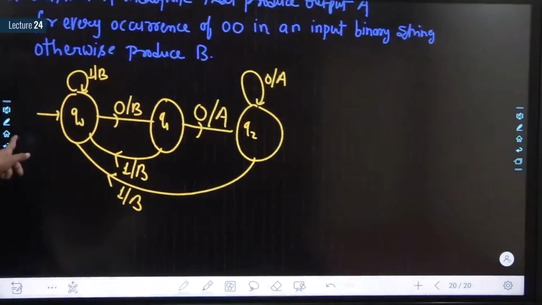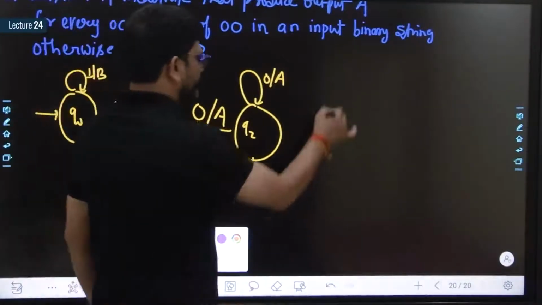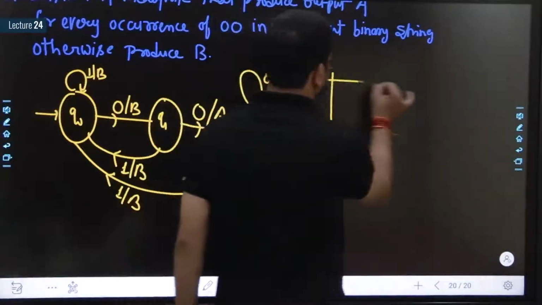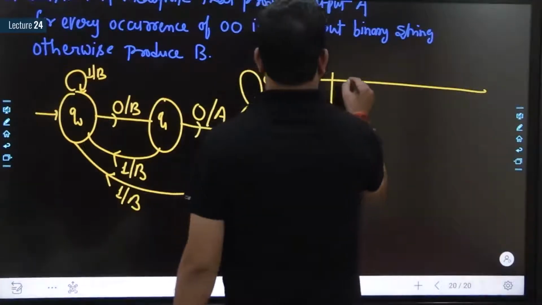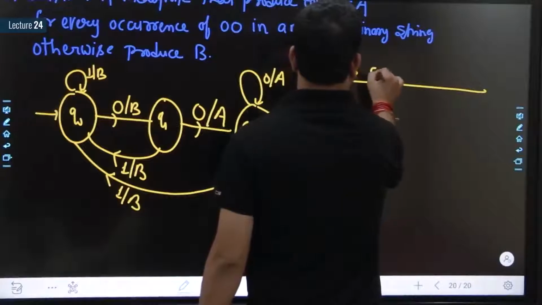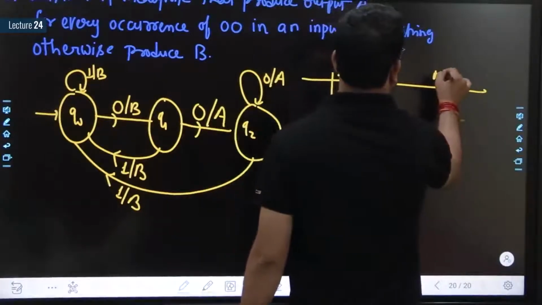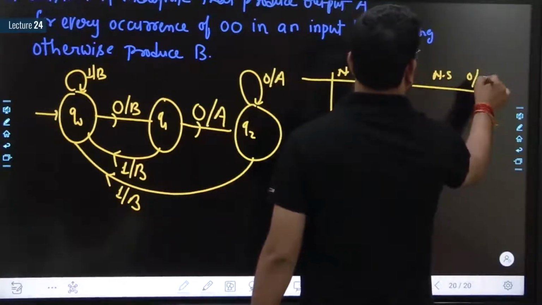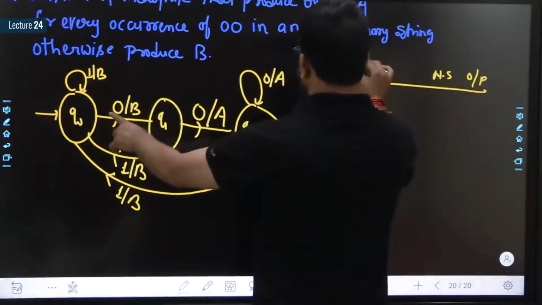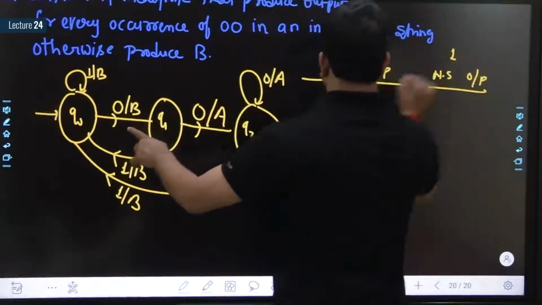Construct the transition table for this. What is a transition table? Next state, output. Next state, output. Input is 0, input is 1.